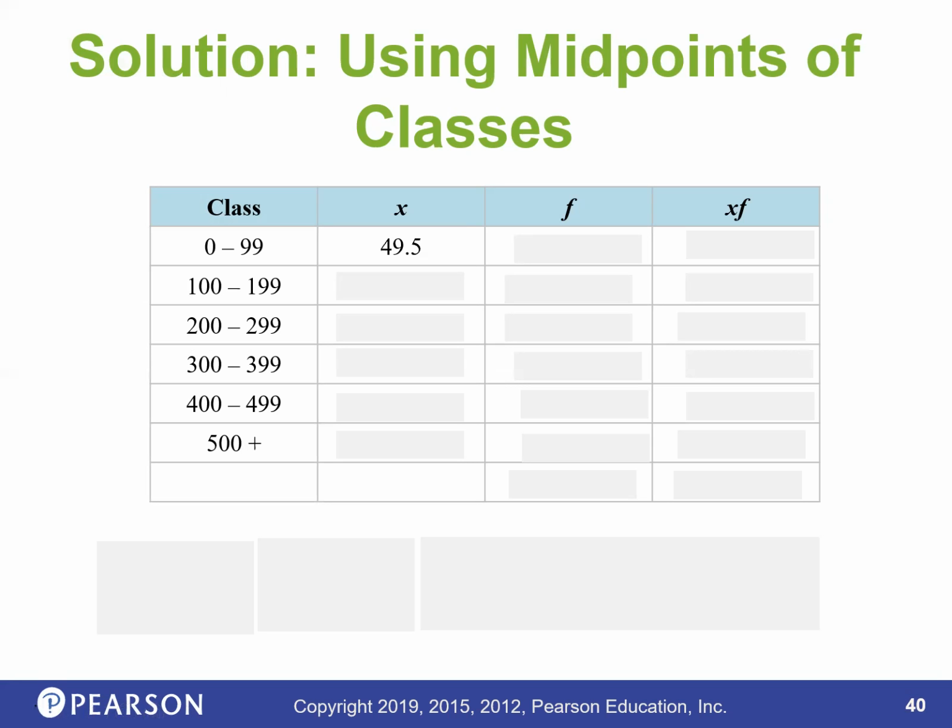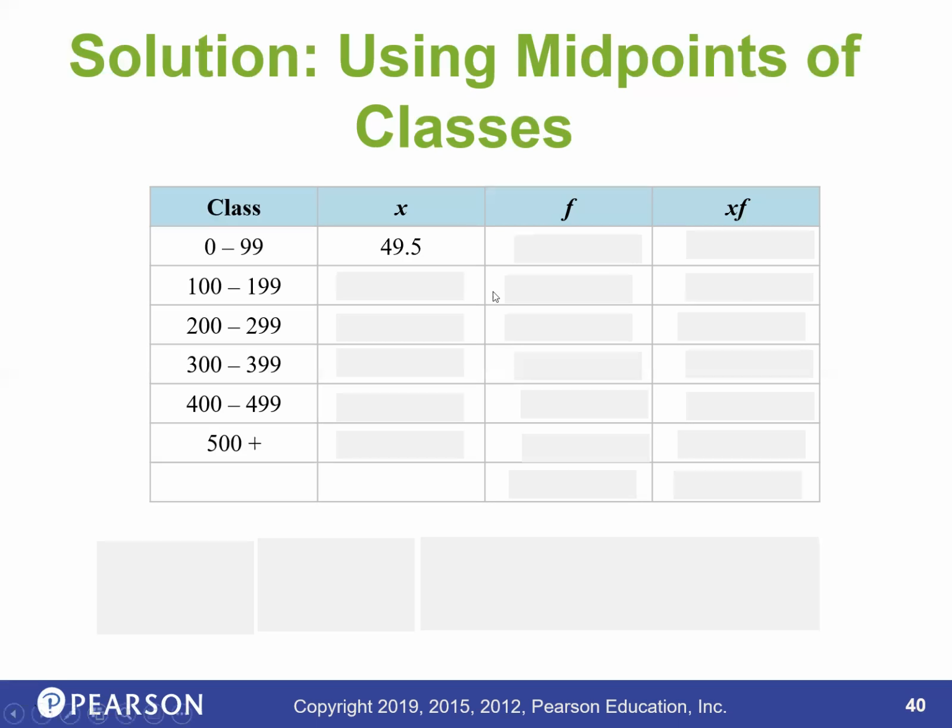Are we okay with 49.5? Sorry, you guys tell me if you need me to wait for you to build the table first here. I made these as two different tables because one is just to get the mean first, and then the second part is to get the standard deviation, but you can keep on adding columns to this. It's no problem.